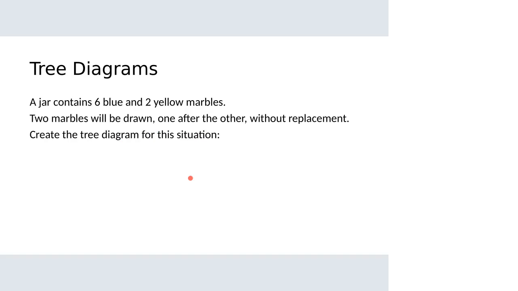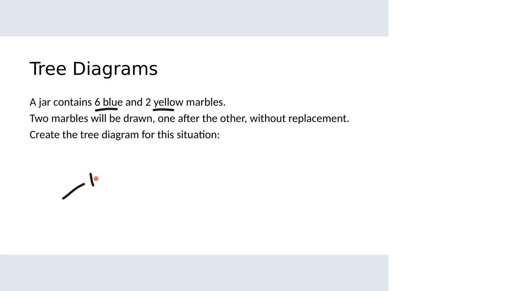A jar contains 6 blue and 2 yellow marbles. 2 marbles will be drawn, one after the other, without replacement. First thing we're going to do is create the tree diagram for this situation. I'm going to make it, but I'm going to have you help me along the way. So the first thing that can happen here is I pull out a marble, and there are 6 blue and 2 yellow.